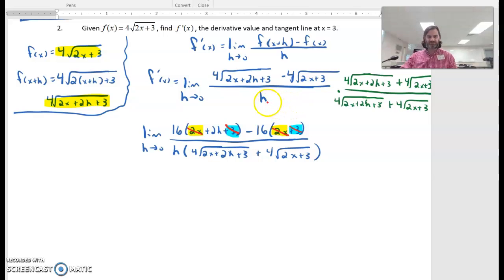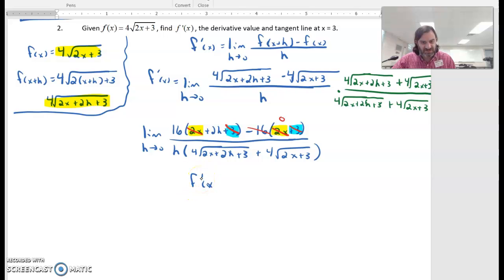Okay, so that also takes care of this 16 at the end. So up top we'll have 16 times 2h. Let me not start so high up. I think I'm close enough to the end that I can save some room here.